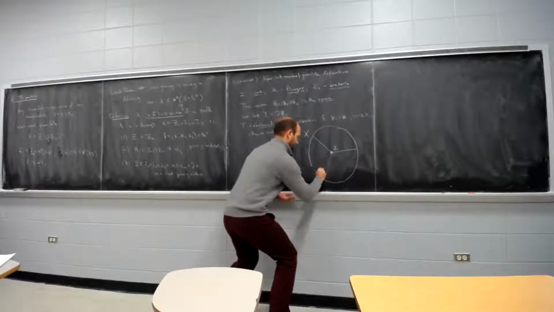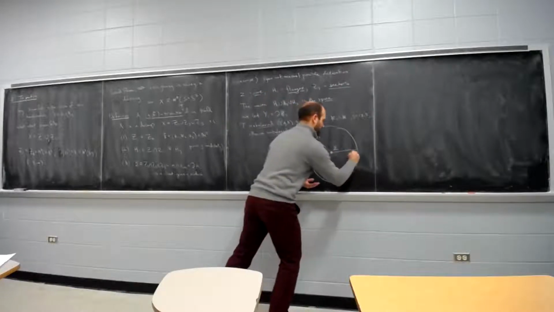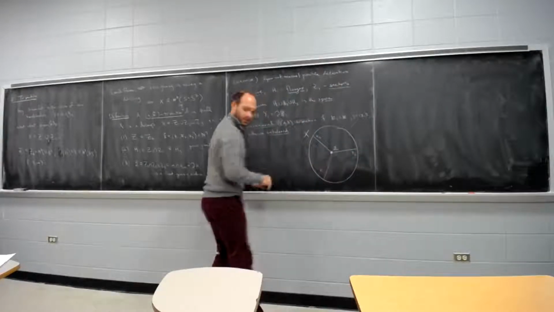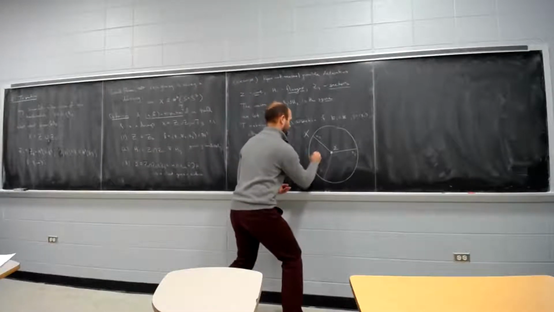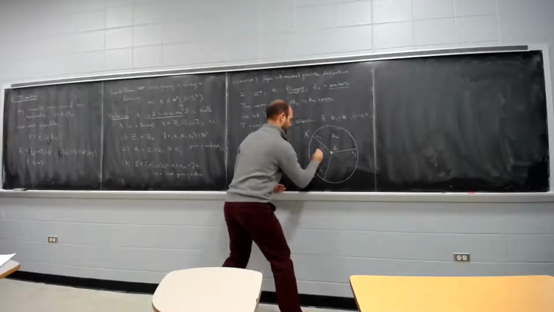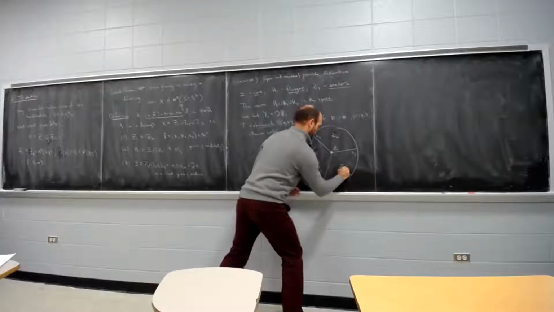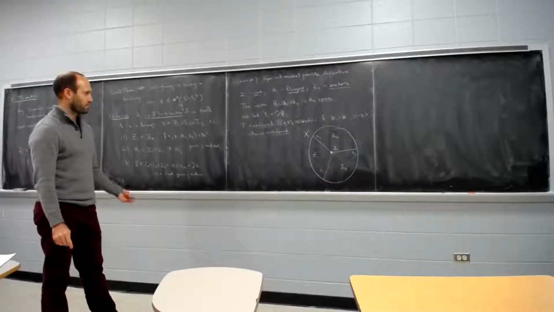Maybe this is the first handlebody, maybe this is the second handlebody, this is the third handlebody, and that's the spine, and the spine cuts it into three four-dimensional one-handlebodies, which if I've done the conventions right, should be labeled Z1, Z2, and Z3.